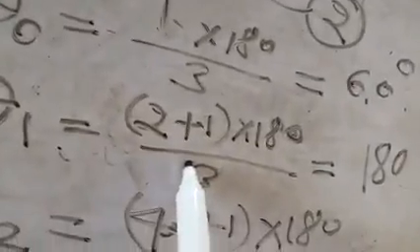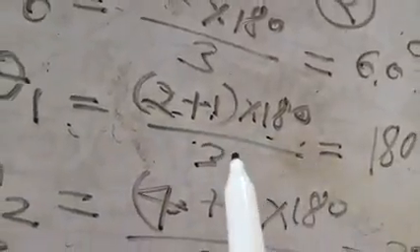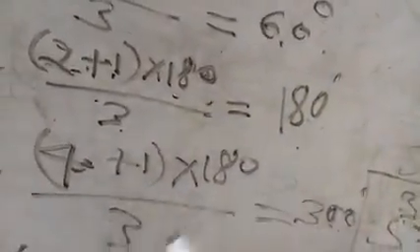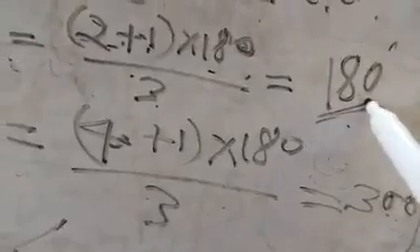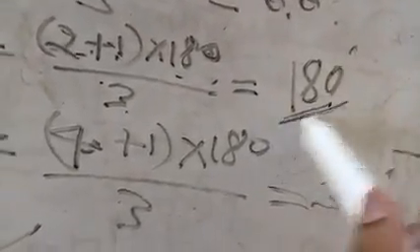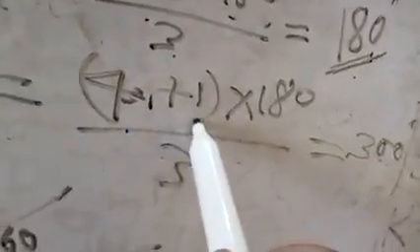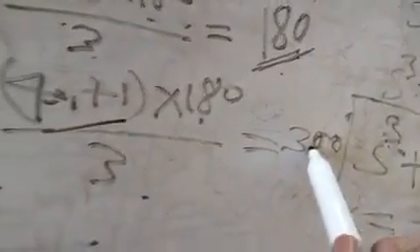Second angle, k is equal to 1, so theta 1 is 2 into 1 plus 1, into 180 divided by 3, which is finally 180 degrees. Third angle, k is equal to 2, so theta 2 is 2 into 2, 4, plus 1 means 5. So 5 into 180 divided by 3 is 300 degrees.